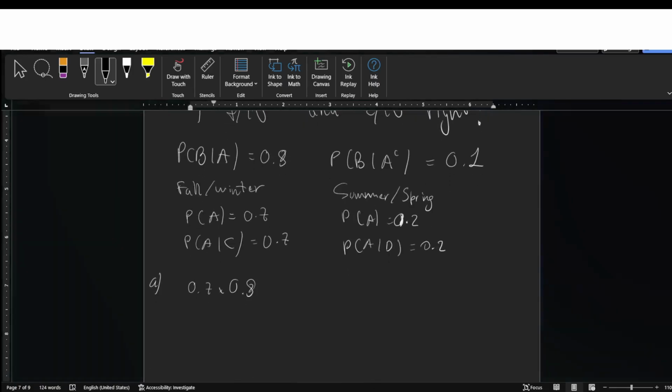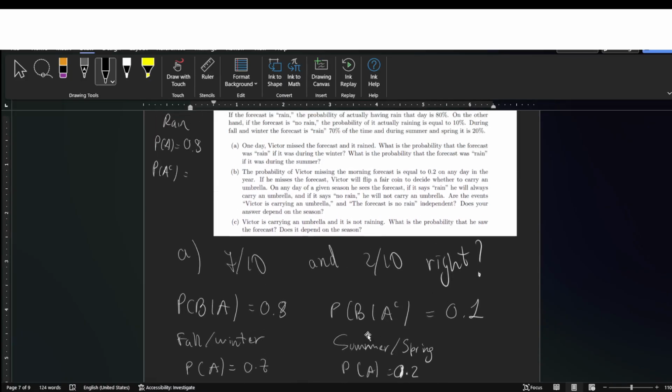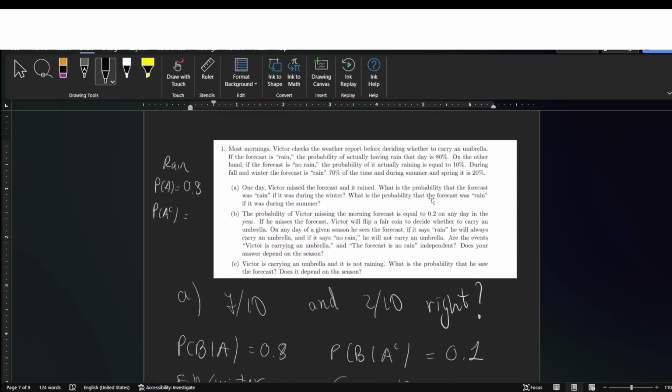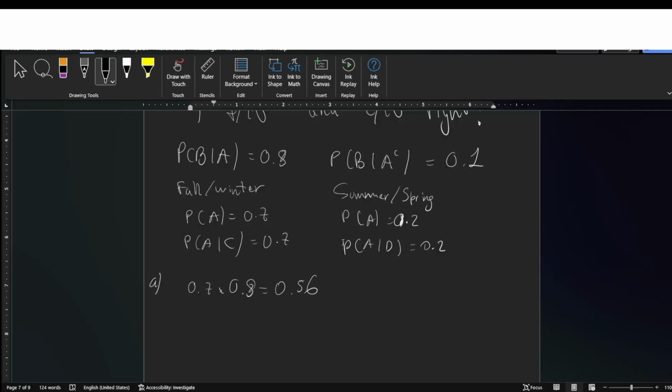I was going to say this, but I'm not sure. I'm going to do the same here, but again, I'm not sure. What is the probability the forecast was rain if it was during the summer? We don't use this either, so just multiply, I guess.